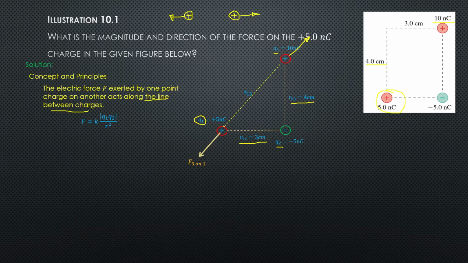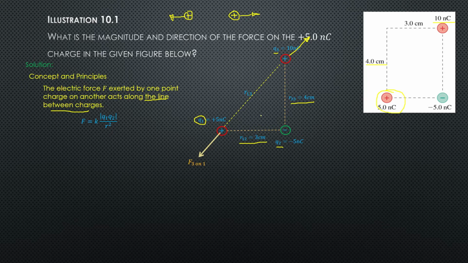So this is the line. If that is the force acting on charge 1 by charge 3, I denoted it F3 on 1, acting on charge 1 from charge 3.